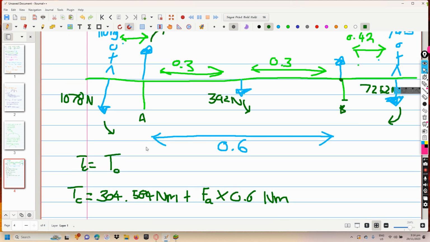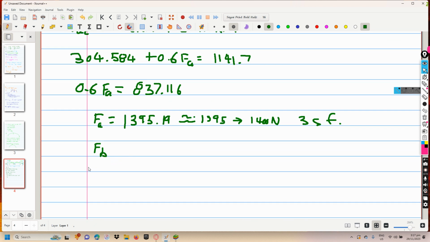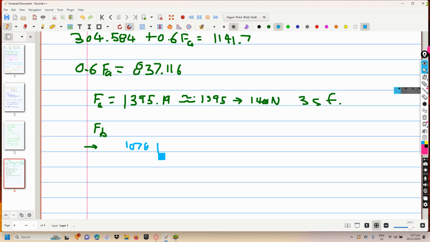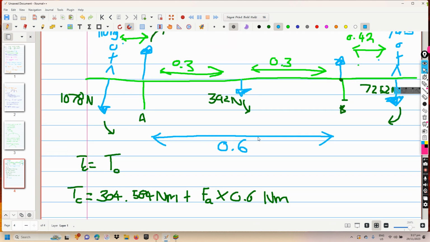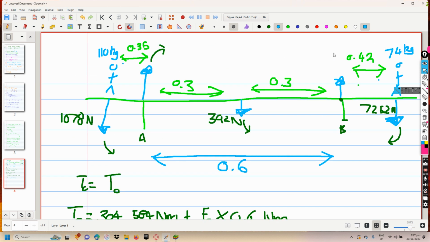Force B, now to calculate force B, you could just pivot around this, you get the same answer, but that's a bit long. All the upward forces equal the downward forces. So that means that the 1078 from the coach plus the 392 from the bench plus the 725.2 from that player is equal to the two support forces.